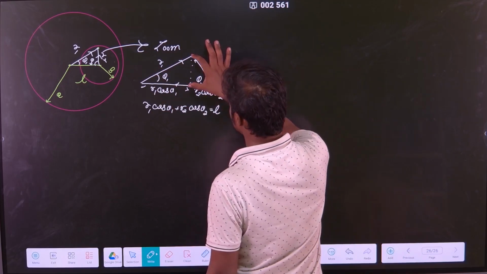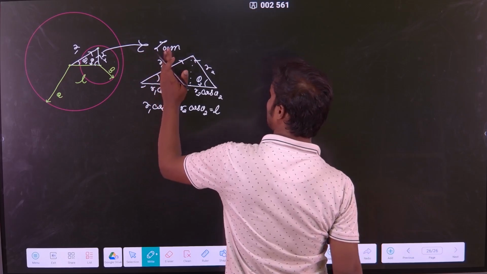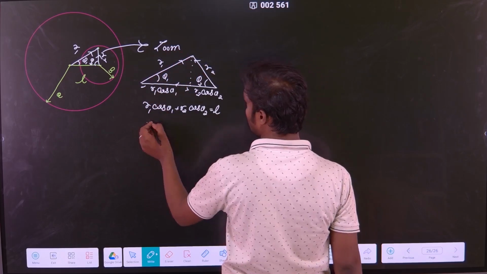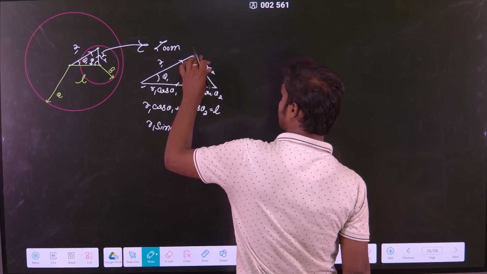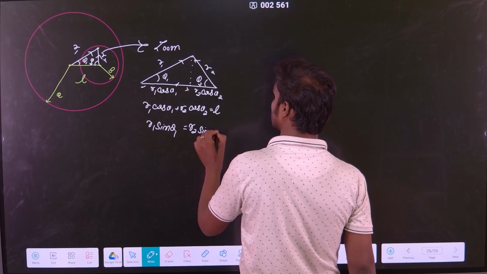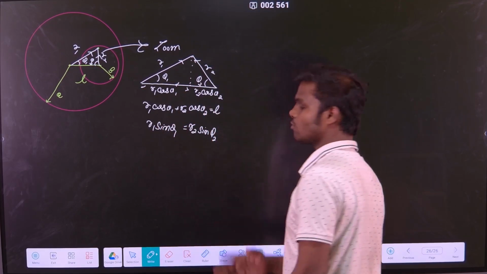Simply, you can see this side is common between these. So what is the height from this triangle? This is R1 sin theta 1 for the first triangle, and for the other, the height is R2 sin theta 2. So R1 sin theta 1 is equal to R2 sin theta 2.